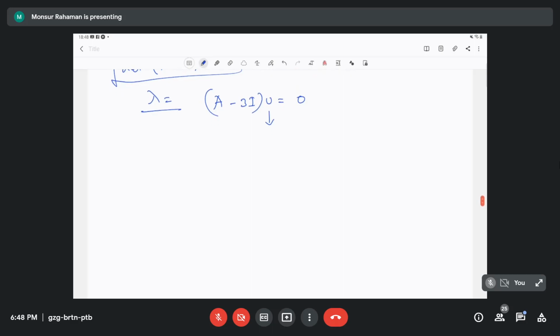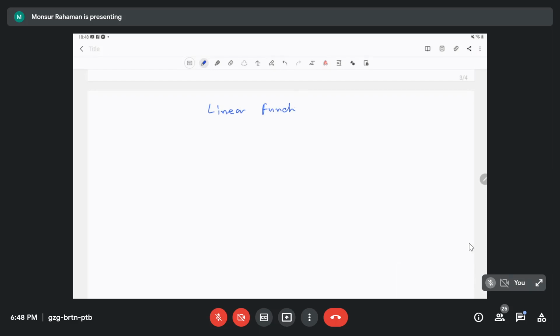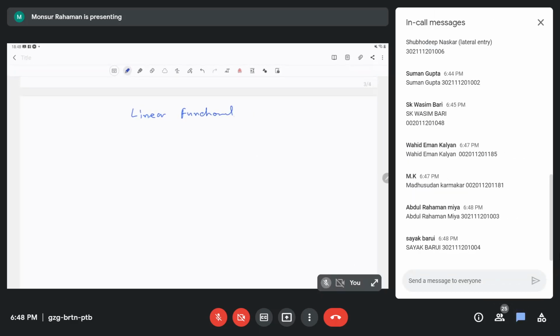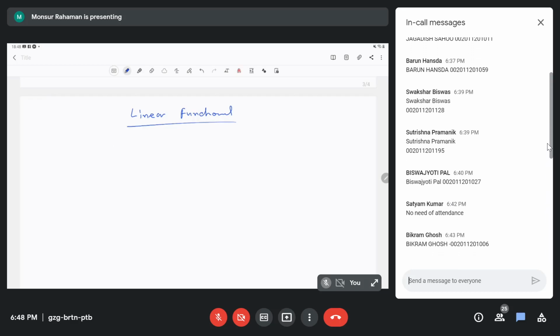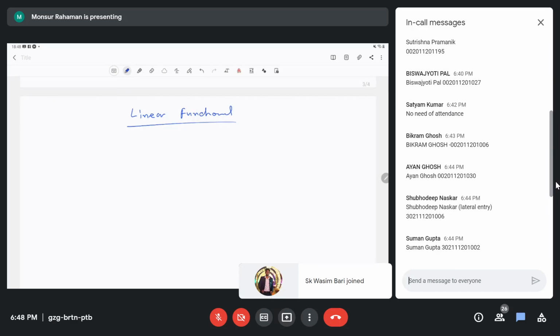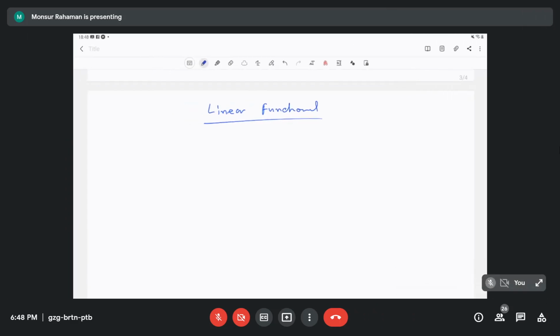Linear functional, and along with it comes the dual space. So a linear functional is a linear transformation with a special condition.